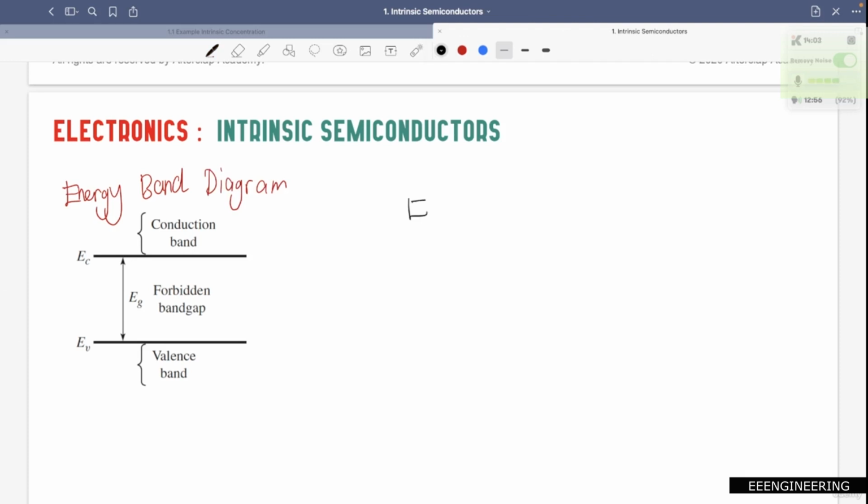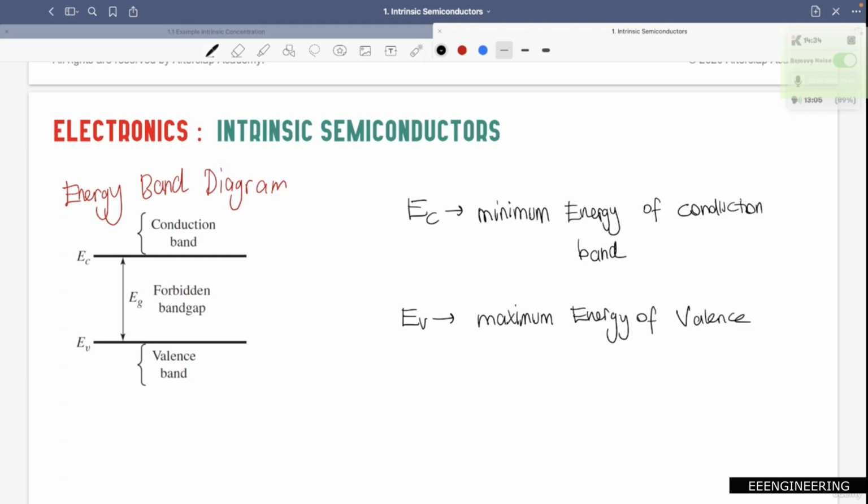EC is the minimum energy of the conduction band, and EV is the maximum energy of the valence band. The difference between them, Eg equals Ec minus Ev, is our energy band gap. This is pretty important.